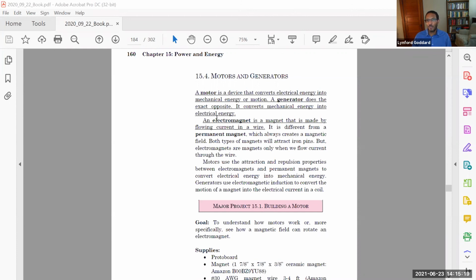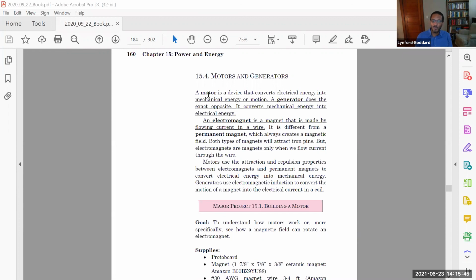So the way that we're going to build this motor is we're going to create an electromagnet, and the electromagnet is a magnet that's made by flowing current in a wire. We're going to use an electromagnet and a permanent magnet. A permanent magnet is something that you're probably more familiar with. The permanent magnet we're going to give you is inside your case. The permanent magnet exists even without having to apply a current to it.